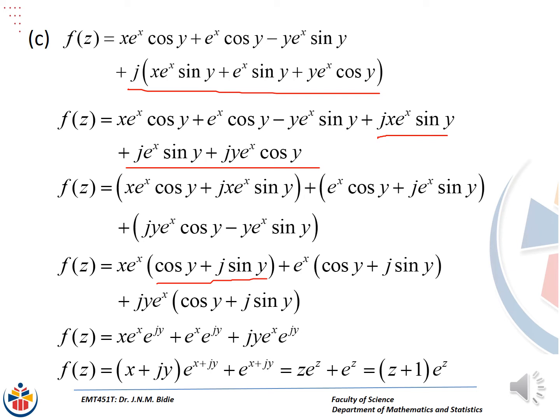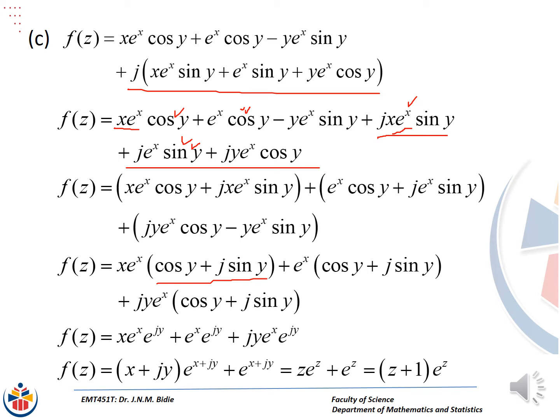So I chose the first term and the fourth term, because the common factor there is x e to the power x and x e to the power x. And then secondly, the next one, e to the power x cos y and e to the power x sine y with j, put them together, and then the last two together.